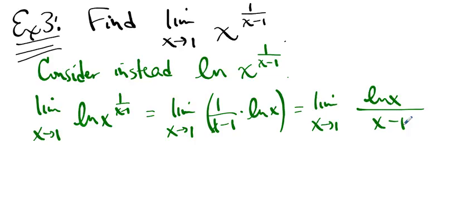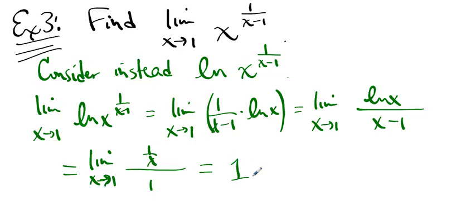Now, as x tends to 1, this tends to 0, this tends to 0, we may use L'Hopital's rule here. So, derivative of the numerator, derivative of the denominator, and try again.